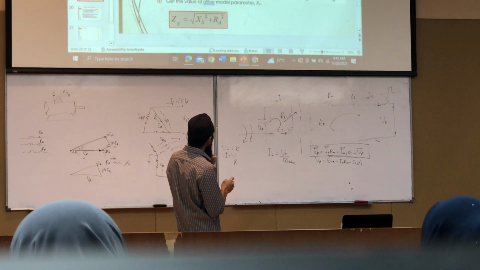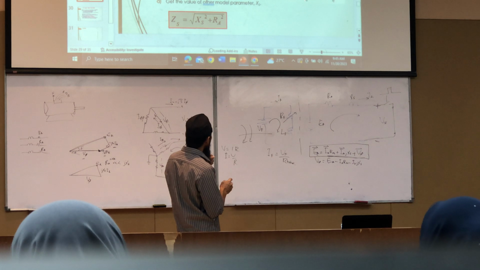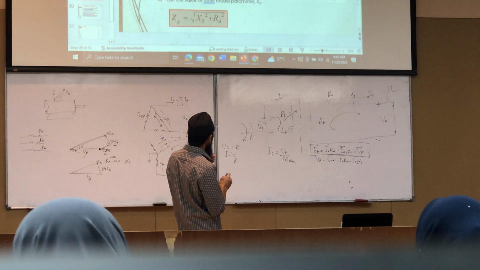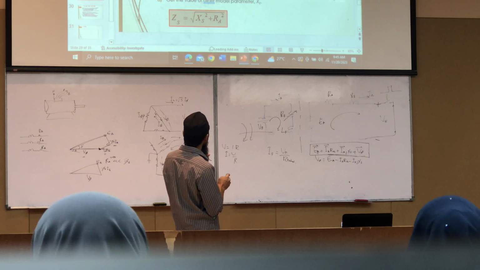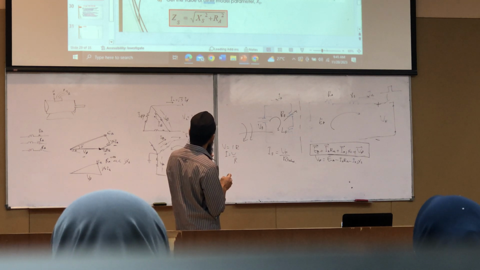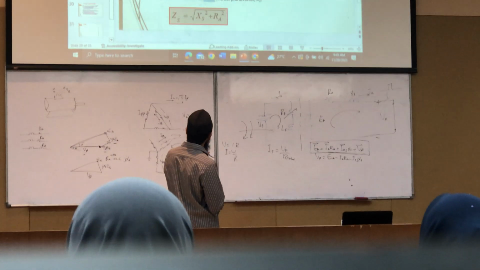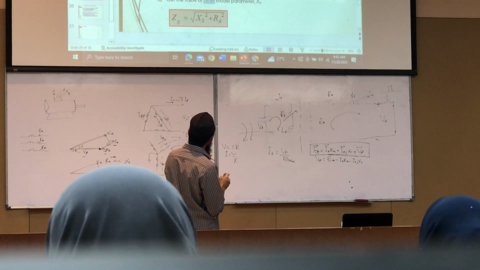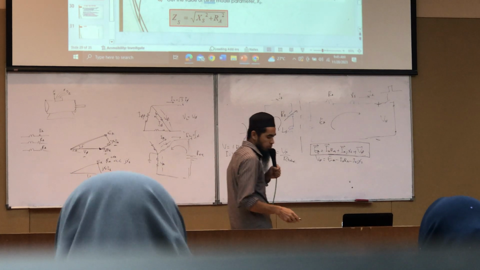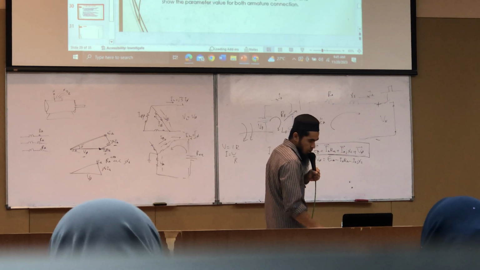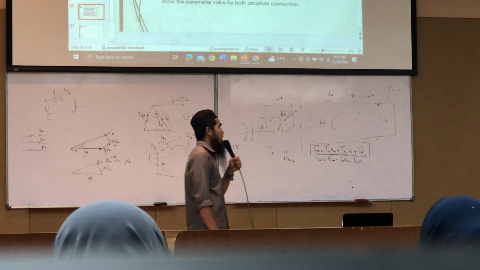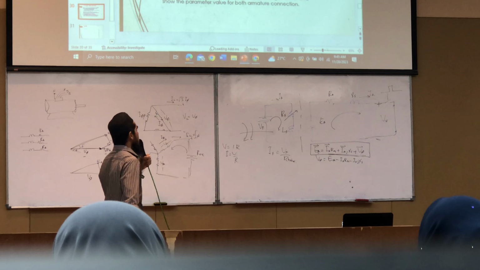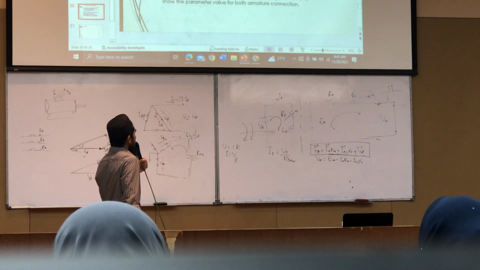And from this rated field current also, we try to find out the rated open circuit voltage. So these are the two components that we want to find when we perform this test: the limit of rated field current and also the rated open circuit voltage.